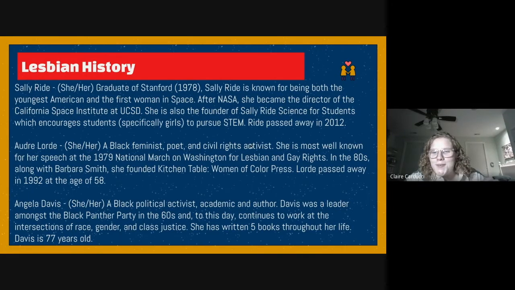Okay, so we're going to start with the L, so the first person we want to talk about is Sally Ride. She was a graduate of Stanford in 1978, and she's known for being the youngest and the first woman in space. She is a lesbian, so that is pretty cool.